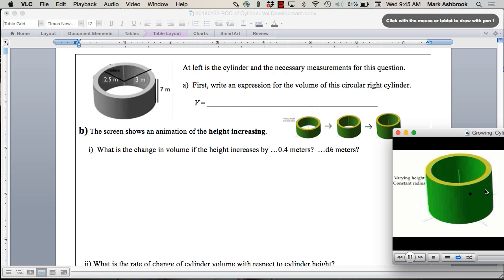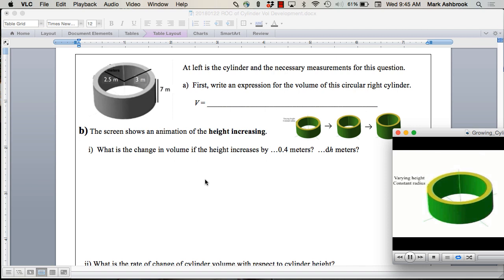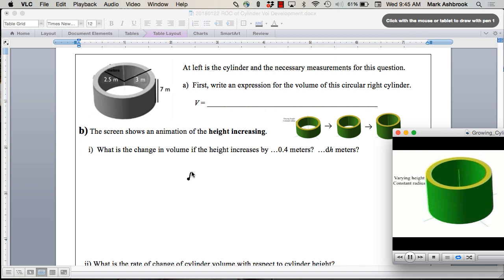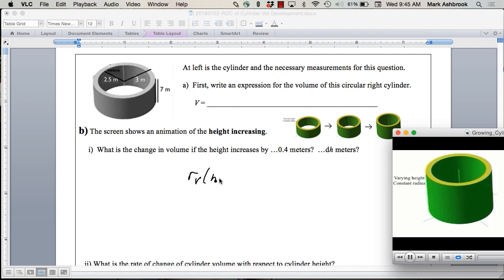After we did all the math, we said the area of that yellow base ends up being the rate of change of volume with respect to height. So we could write it this way: the rate of change of volume with respect to height was the area of the base. And what was the area of that base?